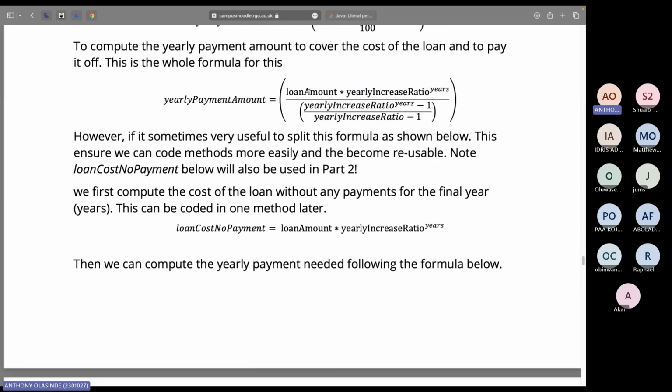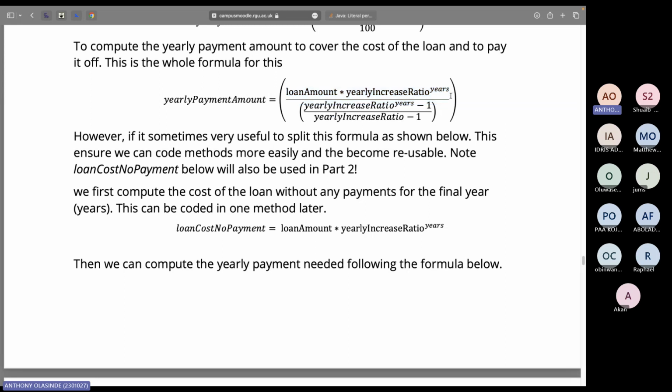It's easy to say method 1 over the bracket of method 2 over method 3, instead of doing all this power and all of this. Then you are done, just 1, 2, 3, 4 forwards. You are done with this whole thing.